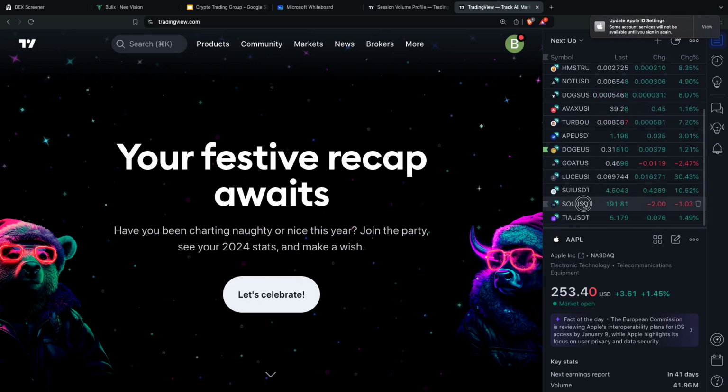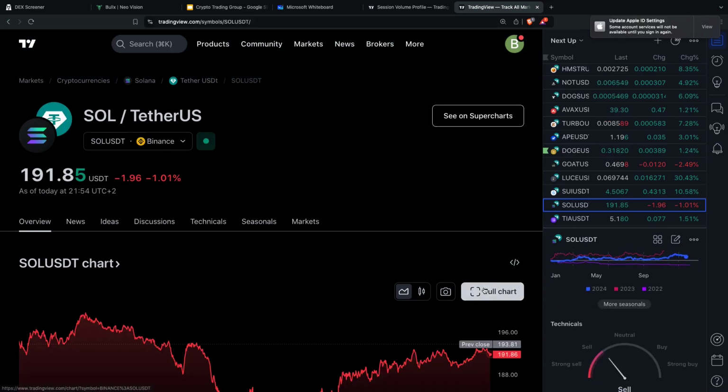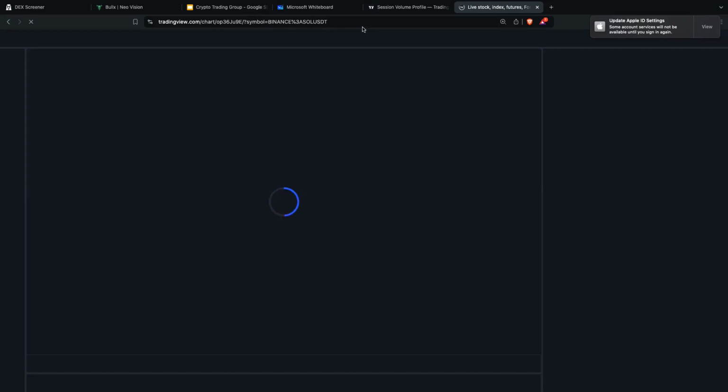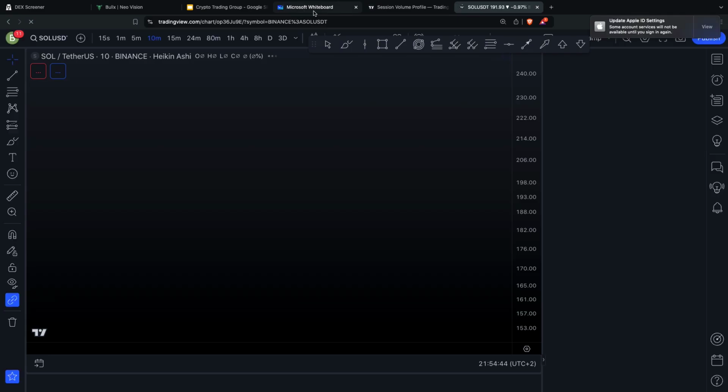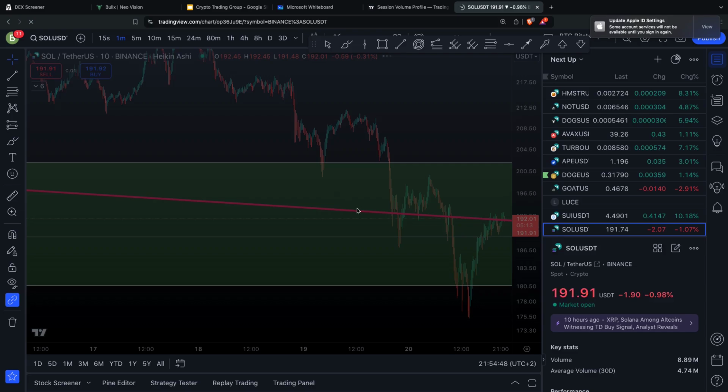So let's, for example, just go to Solana right over here. We go to Solana and we take a look at that. Your time frame is going to be 1 minute, so you're going to go to the 1 minute time frame and check out the VWAP and see what is going to be happening.